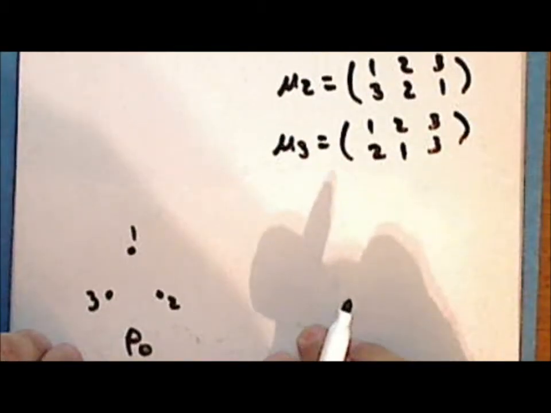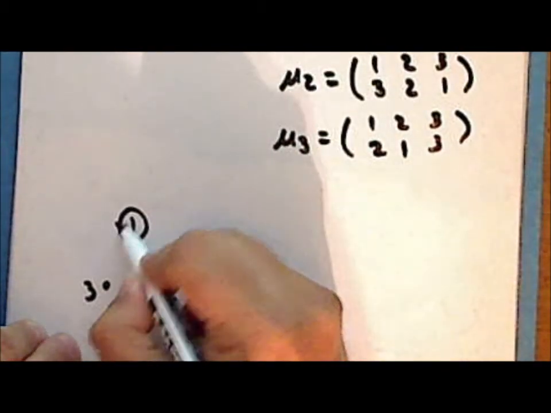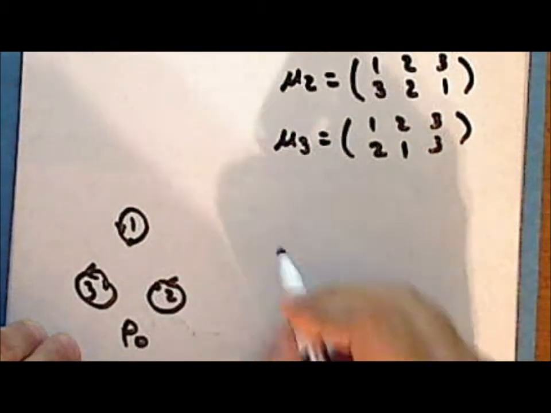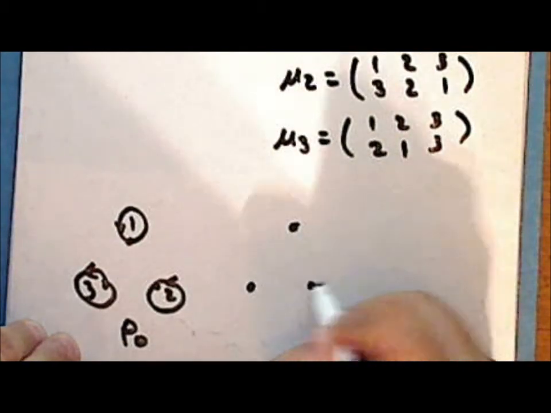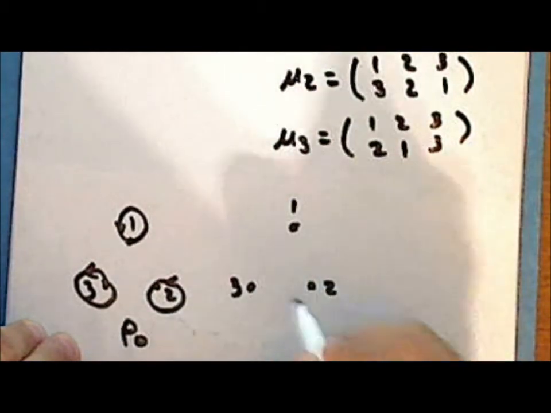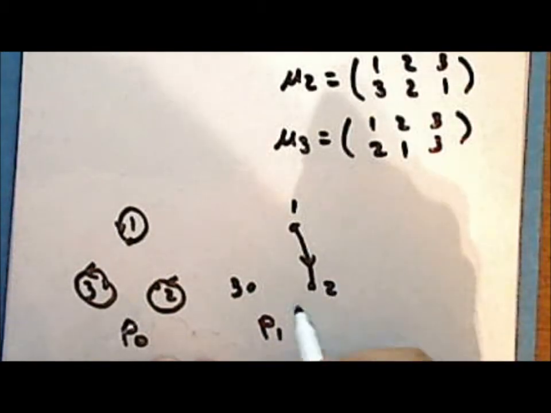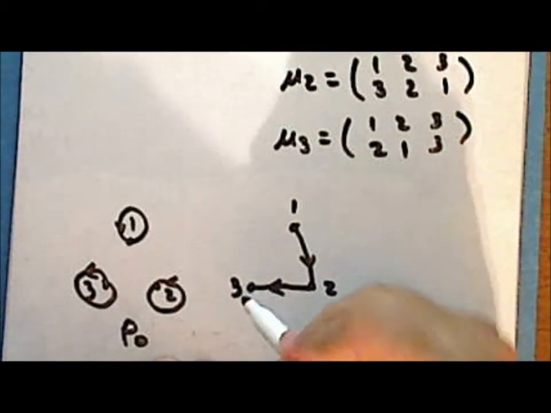So let's look at the digraphs. For the identity, we have 3 loops. For rho sub 1, 1 is mapped onto 2, 2 is mapped onto 3, and then 3 is mapped onto 1, so we have a cycle.